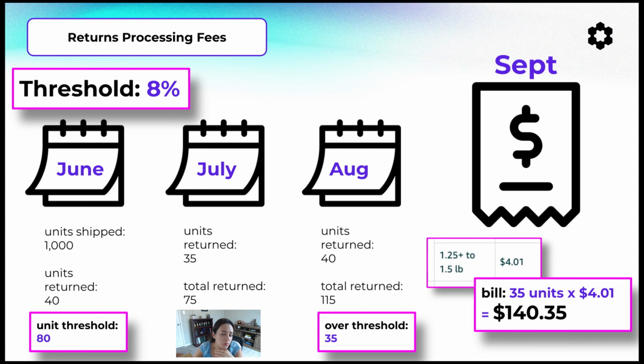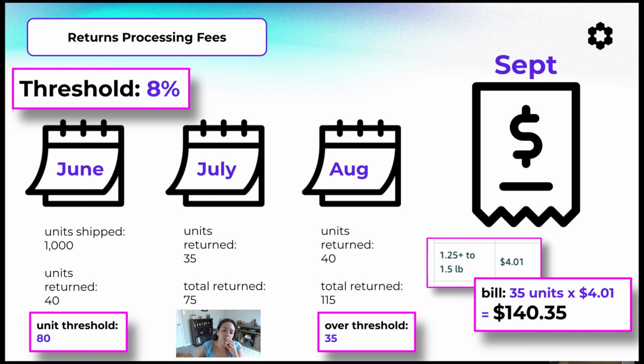There's a returns processing fee that was released pretty recently, and I think they started it in June, so a couple of days ago. Amazon says if you have a higher than normal returns rate, right? Let's say they set a threshold for each category, and let's say your threshold is 8%.